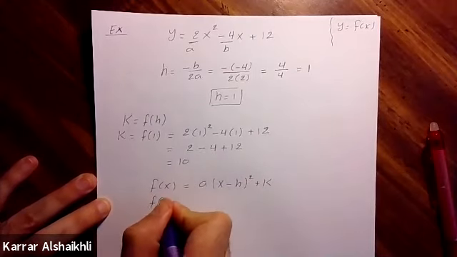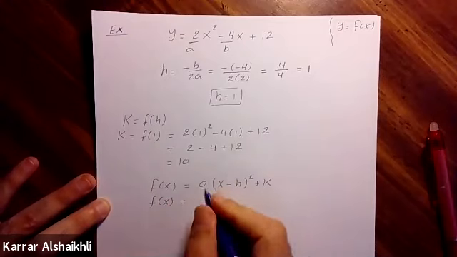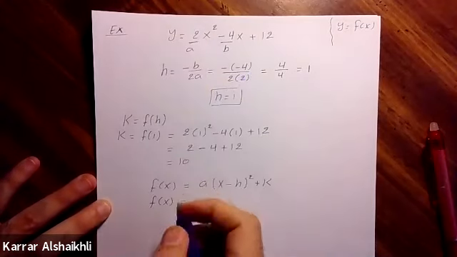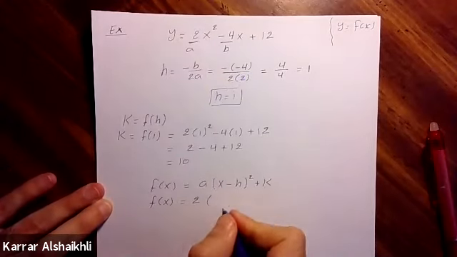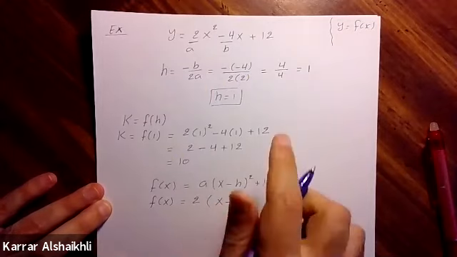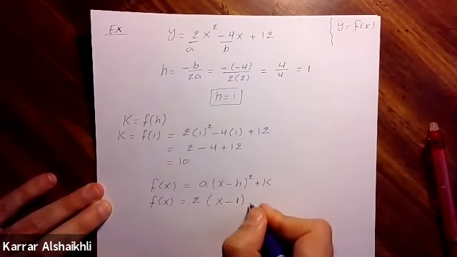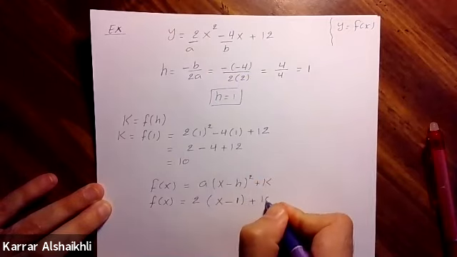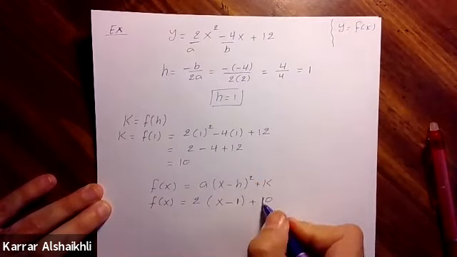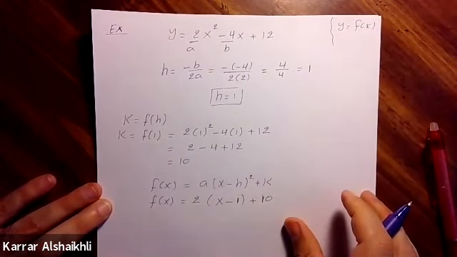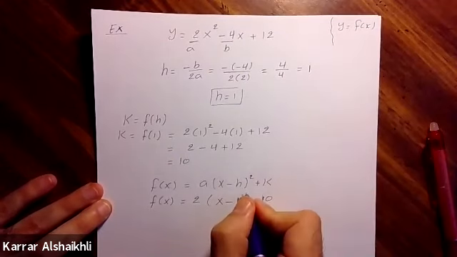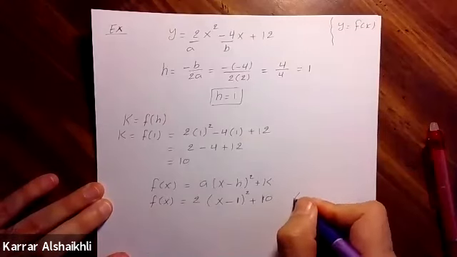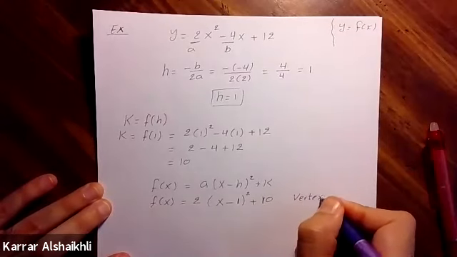So f of x is going to be, a is the same number here, so it's 2, times (x minus h), h is 1, squared, plus k, which is 10. Don't forget the square here. This is the vertex formula.